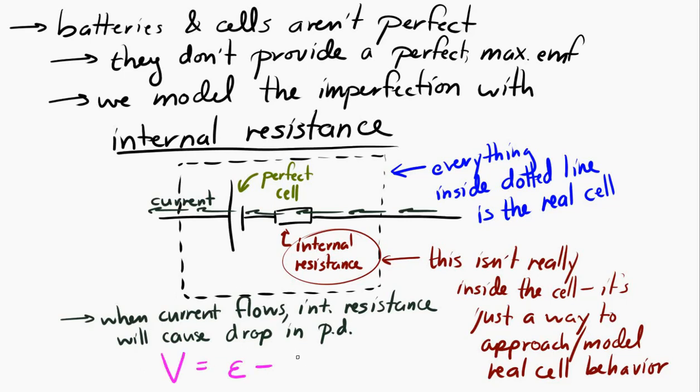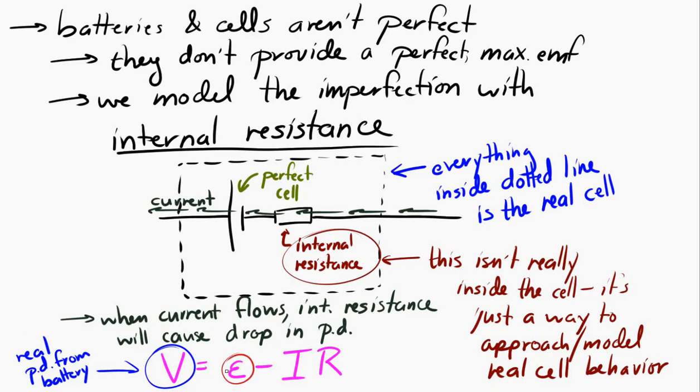And the potential difference that's lost to the internal resistance is equal to the current times the resistance of the internal resistance. So the potential difference that you actually get from a cell or battery is equal to the ideal EMF that you would expect minus I times R, where R is the internal resistance of the battery.